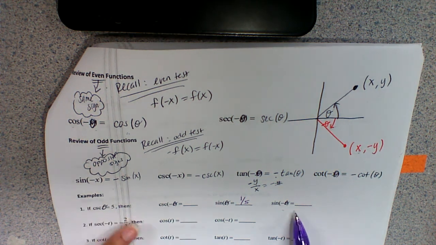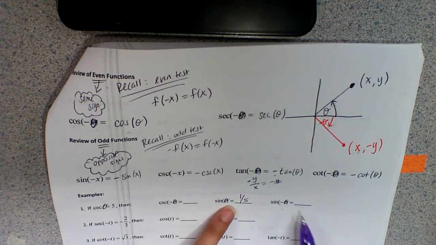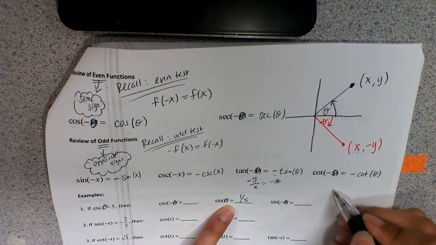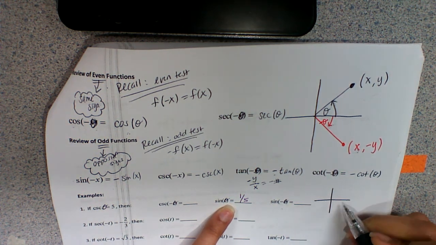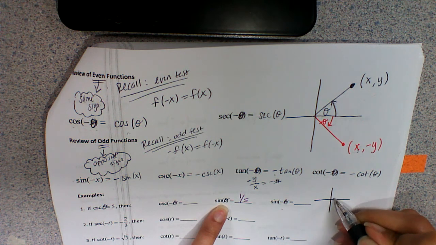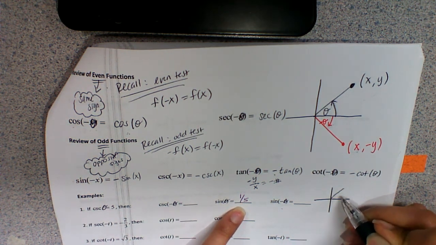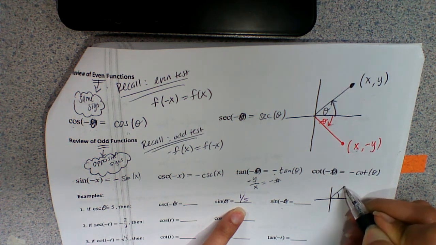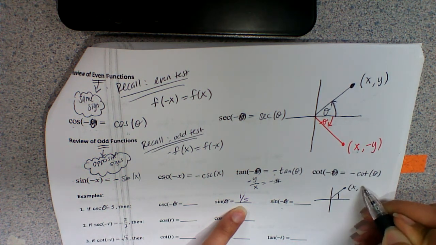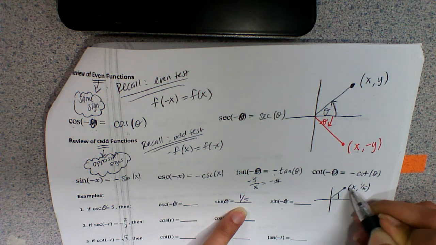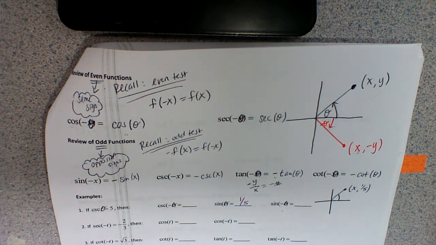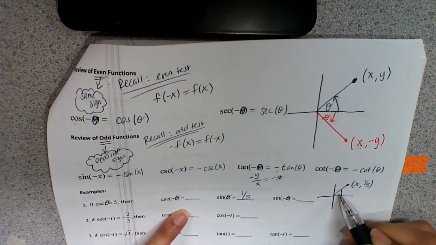Now if I want to find a negative angle, let me draw a picture of what that would look like. Let's assume that this angle, because it's a positive sine value, is in the first quadrant. So we have some x and positive 1 over 5. I don't know the x value, and actually I don't need it because it's not asking for that. And that's for a positive angle.